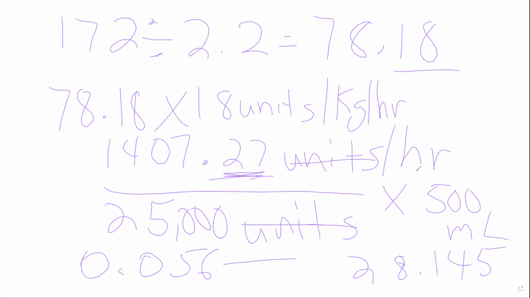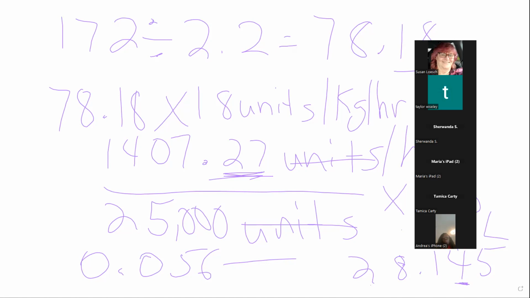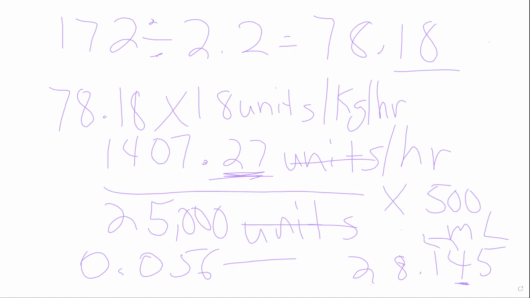Okay, now let's look at this number. Normally, if I'm setting an IV pump and it's in critical care, I'll probably round it to the nearest 10th. So this 4 would determine that. And so my answer is likely going to be 28.1 here. There are some times in critical care when we might round it to the nearest 100th if we're using a pump. Your 4 is in the 100th space. So, NCLEX will sometimes call this 2 points past the decimal, the second spot after the decimal.